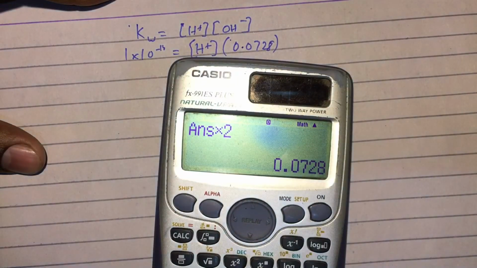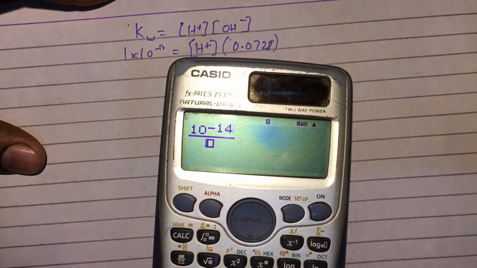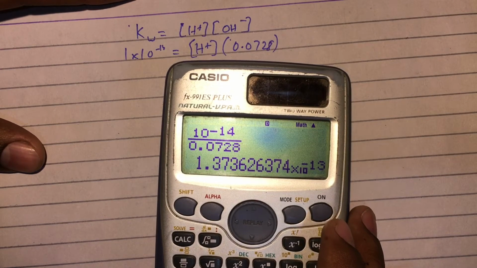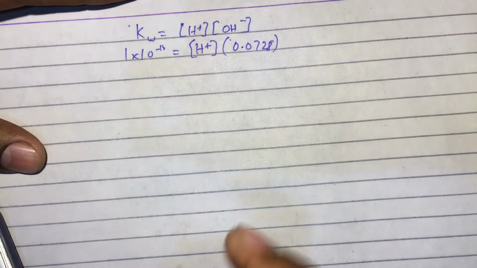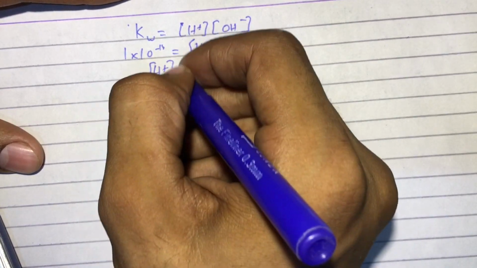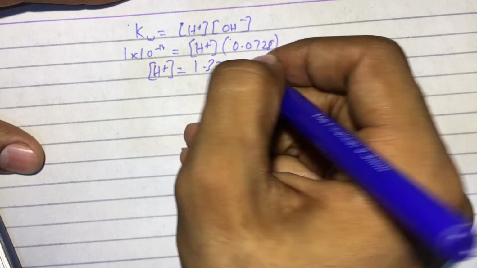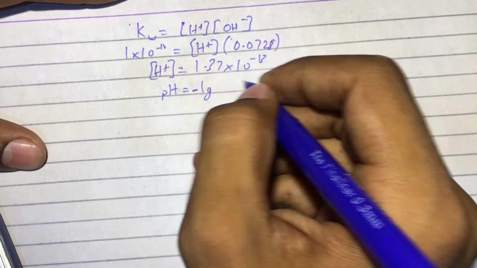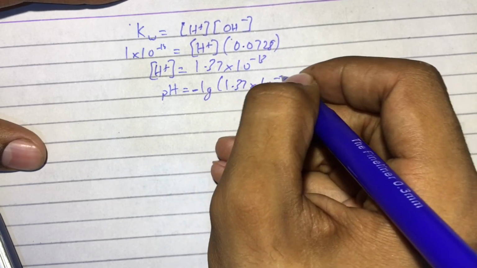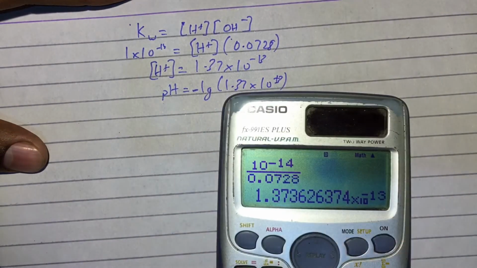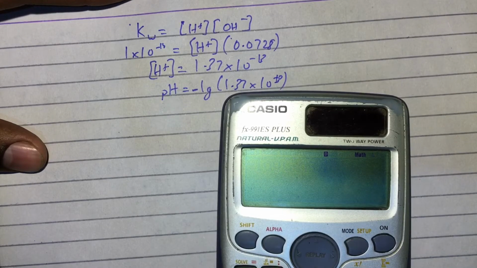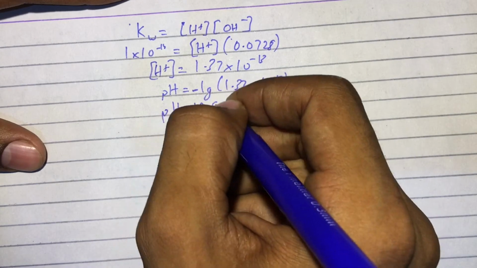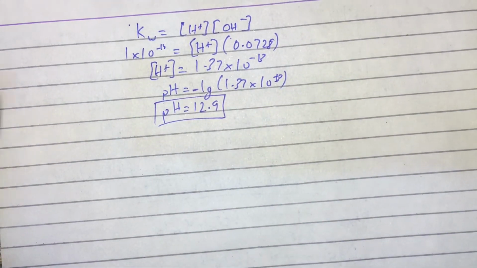So H plus is 10 power negative 14 upon 0.0728, that's 1.37 times 10 power negative 13. So pH will be negative log of this value, which is 12.9. This was the second part.